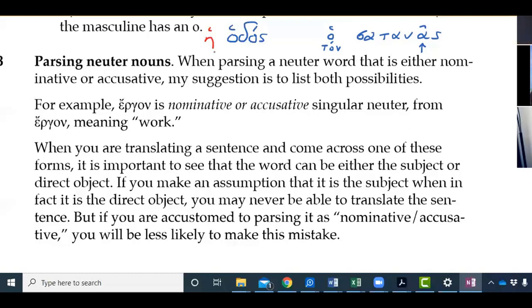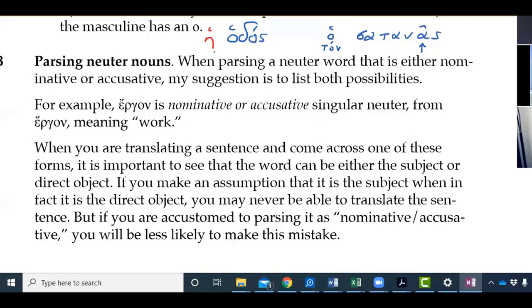When we get to third declension nouns, those don't have stems that end with alpha or eta or omicron. They end with consonants. And it doesn't matter what the consonant is. You can't tell the gender of a third declension noun by the consonant it ends with. So that gender assignment will be completely arbitrary.